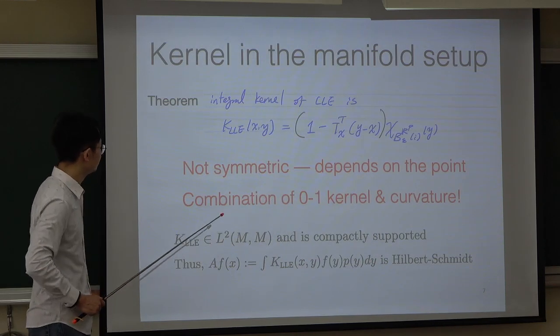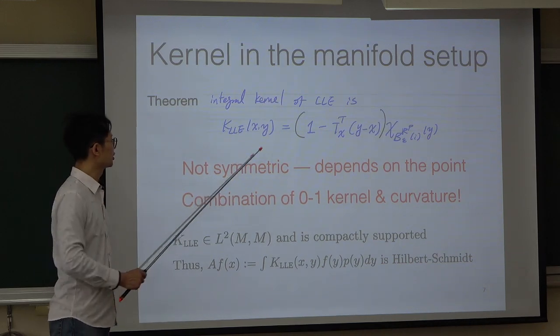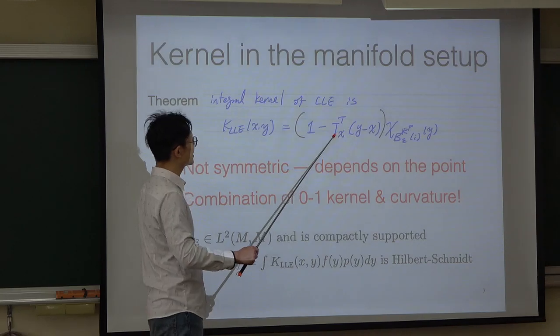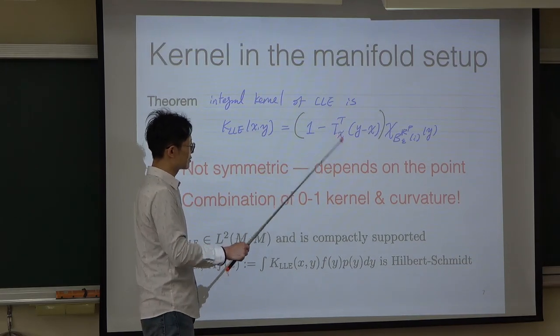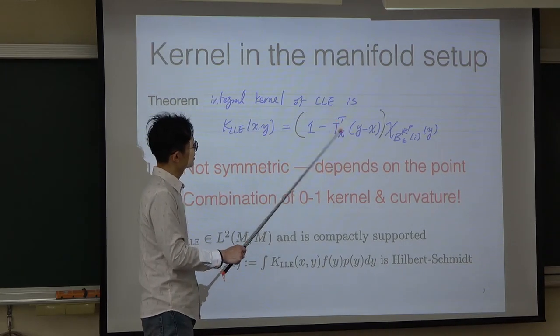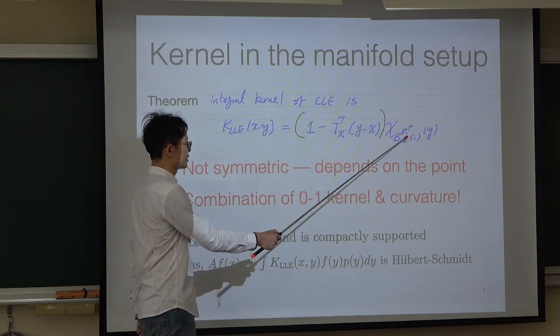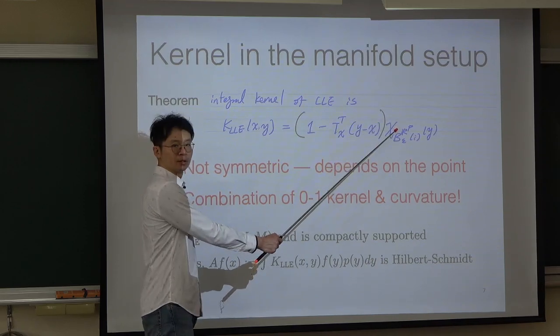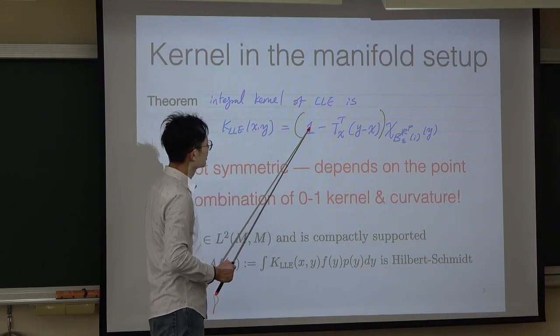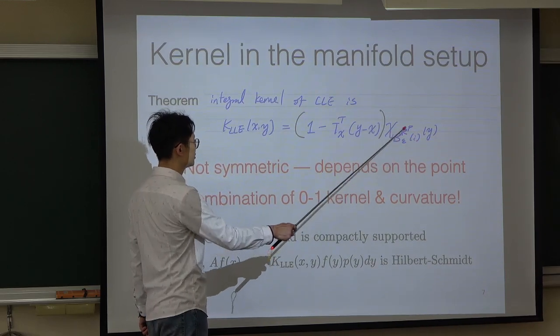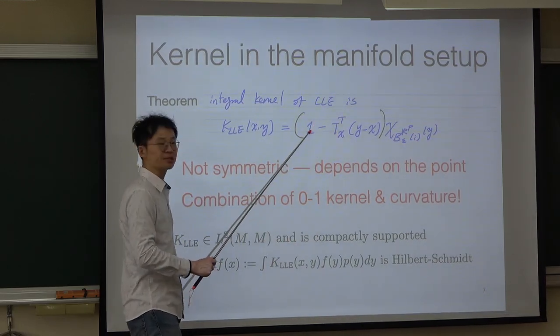Okay, second, you can see this kernel, which is very interesting. If you assume Tx is 0, suppose for some spatial kernel, Tx is 0, then you get 1 only, right? Then this is a 0-1 kernel, because you just put 1 over a local neighborhood ball, okay? Then this is a 0-1 kernel.